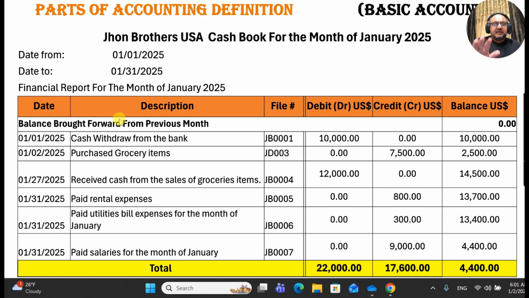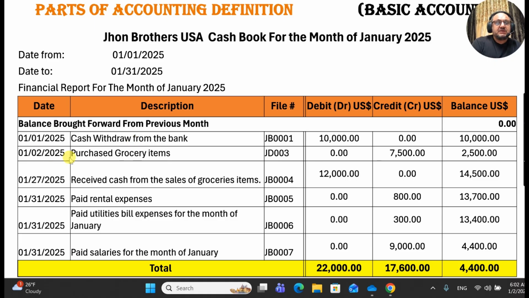In the second column, we write the description of each transaction. This transaction occurred due to which thing? What was the source of this transaction? Here we write down the source, like cash withdrawn from the bank, how much? $10,000. So this is the source or the account we are using.